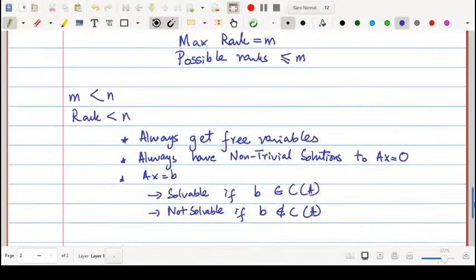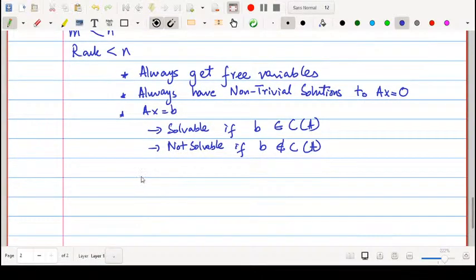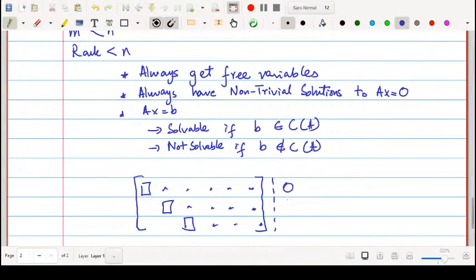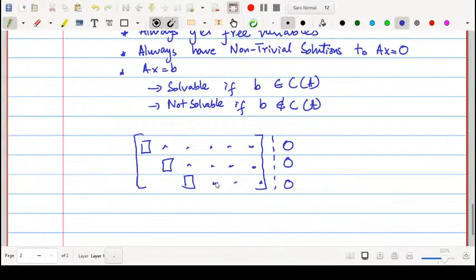So you can just imagine what happens when you get a system like this, and you have some pivot, let's say this is a pivot, this is a pivot, and this is a pivot, and these are some entries over here. If you augment the 0 vector here, the solutions you get will be in terms of these free variables, x3, x4 and x5.